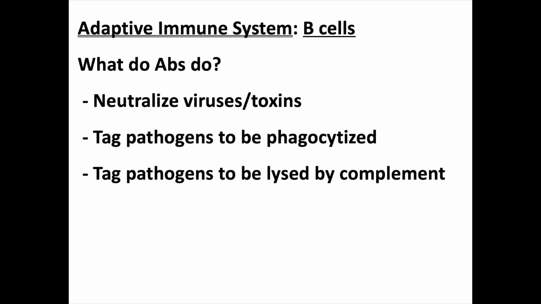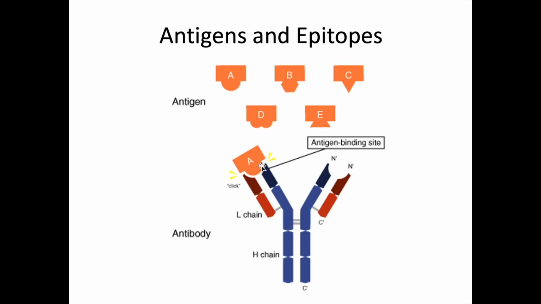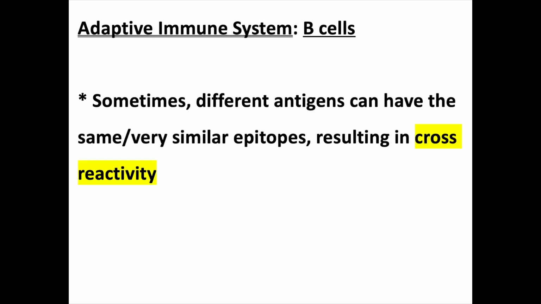One last thing I want to point out about antibodies. So I did say that they were all very specific. Again, this recognized the A, but not the B, C, D, or E. Antibodies are specific for the epitope of the antigen that they bind. However, sometimes we find different antigens that have the same epitope or very similar epitopes.